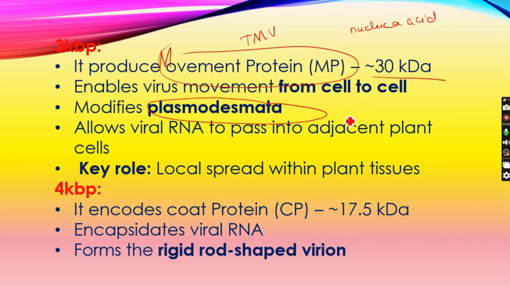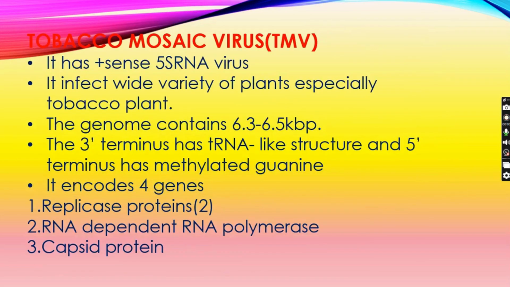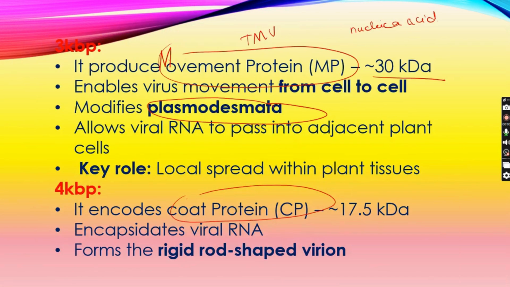Therefore, this virus can infect more plant cells and produce more progeny. A core protein is also synthesized, which is the capsid protein. The capsid protein, known as the core protein, is 17.5 kilodaltons. It produces a rigid coat for the virions and encapsulates the viral RNA.